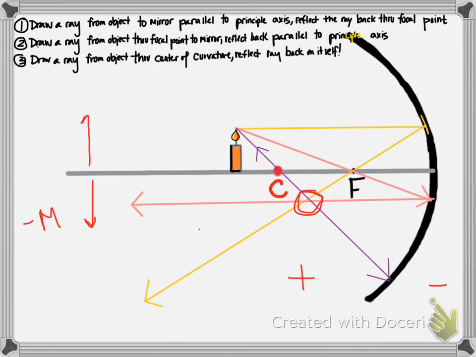An image that appears above the principal axis will have a positive magnification because it will be upright. An image that is larger than the object that you were reflecting is going to have a magnification greater than 1, while an image that is smaller than the object will have a magnification less than 1.